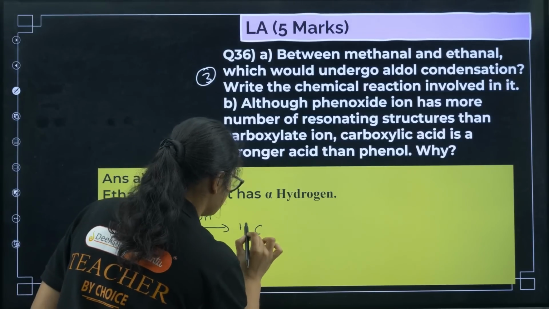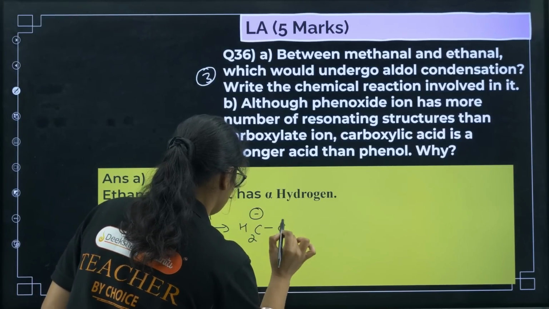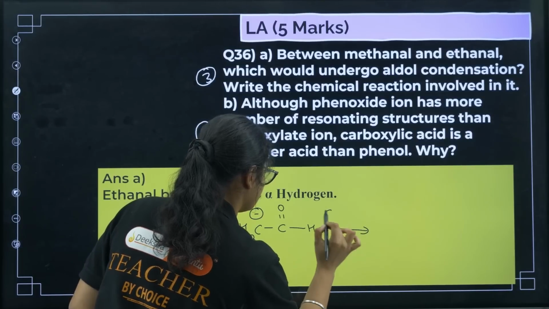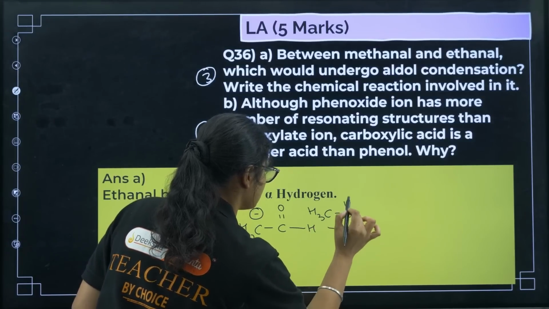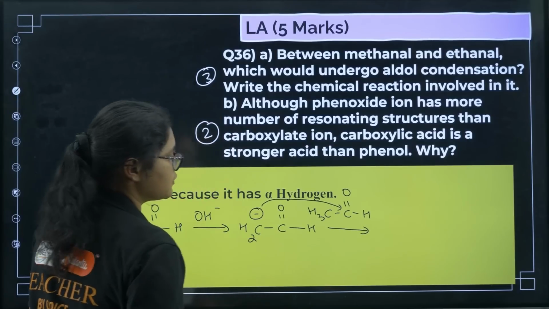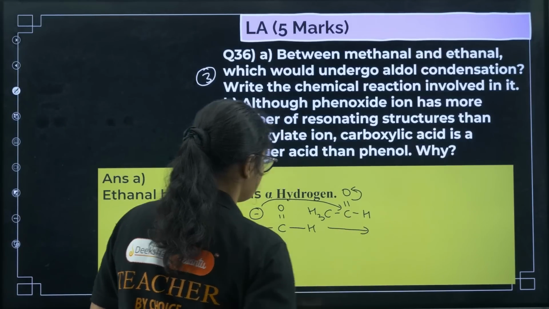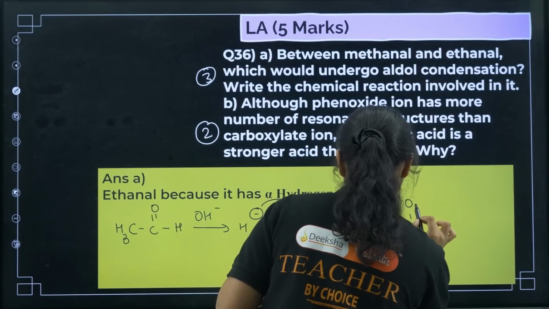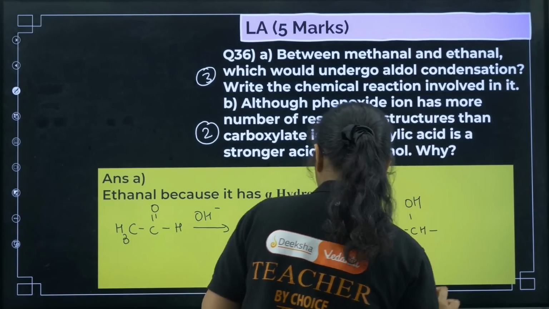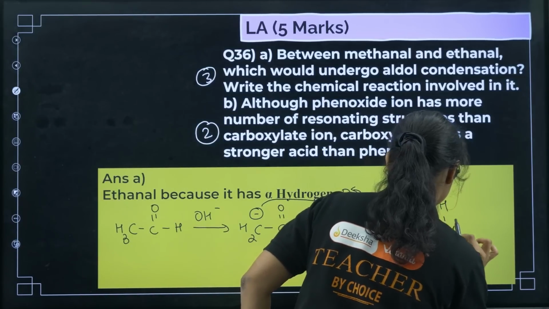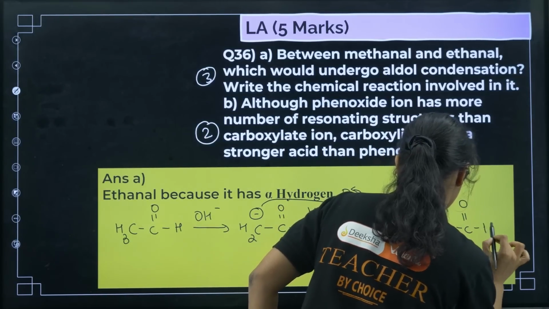what will I get first? We will get a nucleophile produced, right? Yes. Now this one will react on this one, so this negative charge will attack on this one. So I'll get here CH3 CHOH, and then this part is attached, so CH2 CHO.